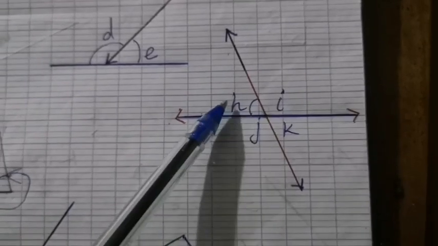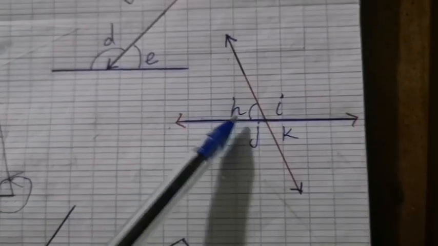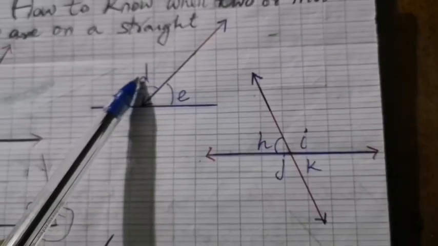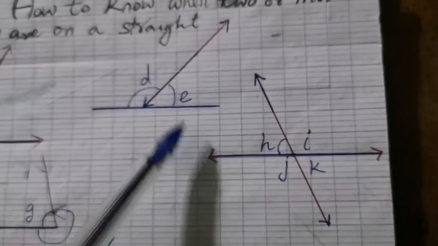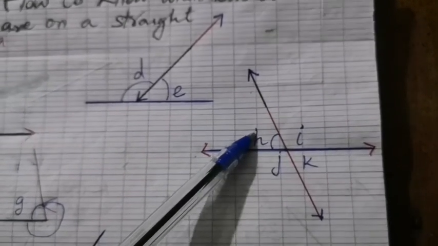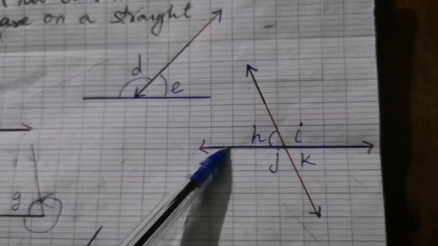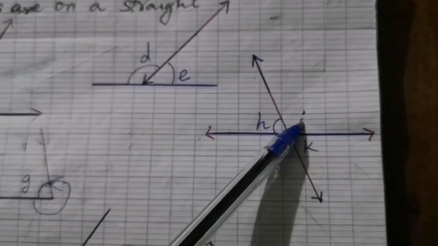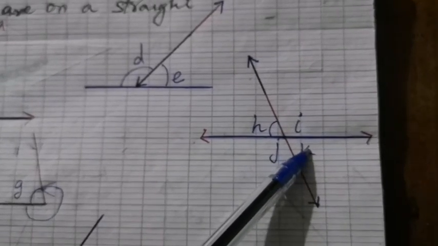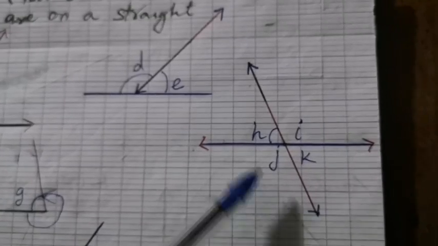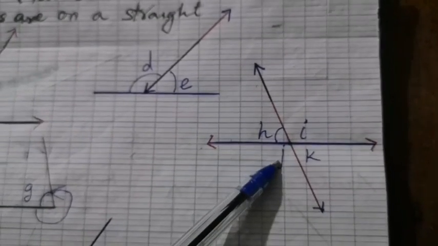So when this line gets here, it forms two angles, just like this one meeting this one here to form angle D and angle E. When this one meets this line here, it forms two angles, angle H and angle J. And when this line crosses as well, like this place now, it forms another two angles here, angle I and angle K. So taking this line to be the baseline, angle H and angle J are on a straight line.